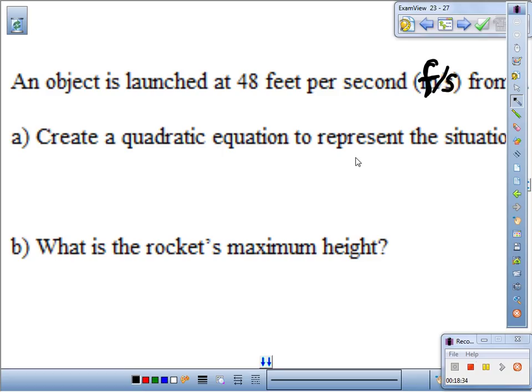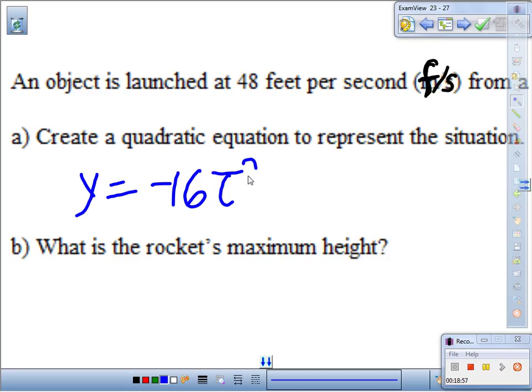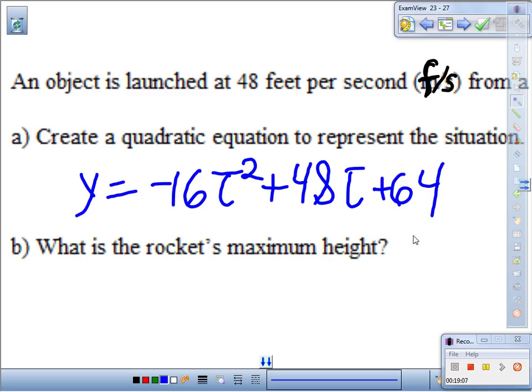All right, what's our equation, Mia? Go. Have you got that? Okay, good.